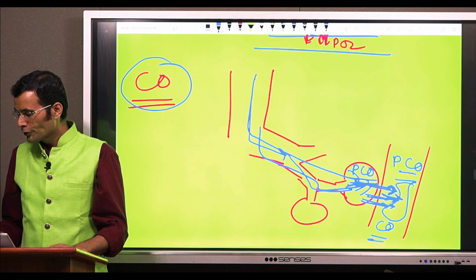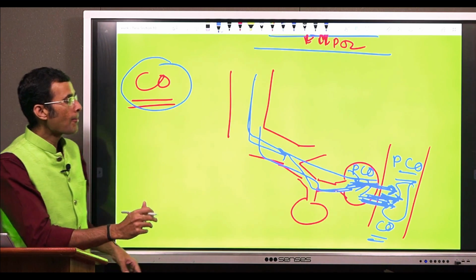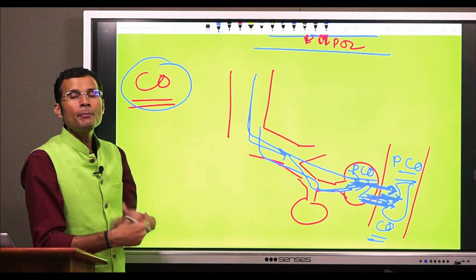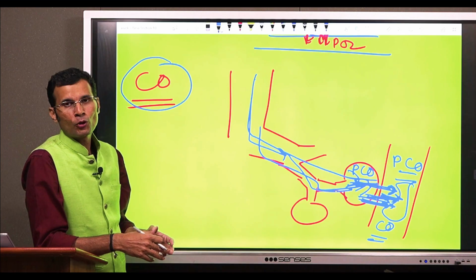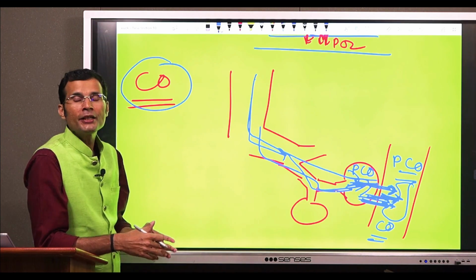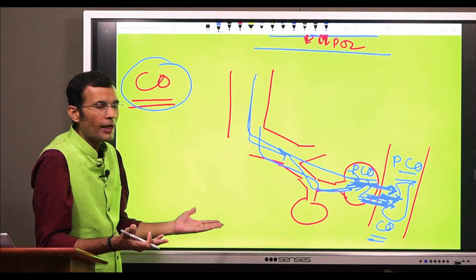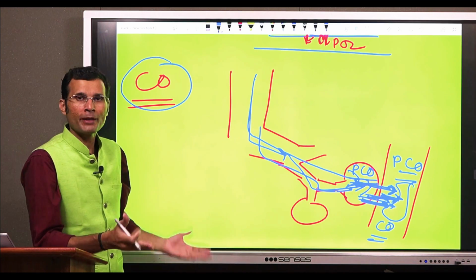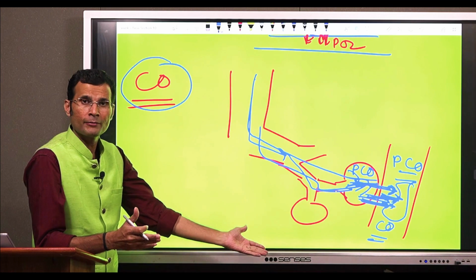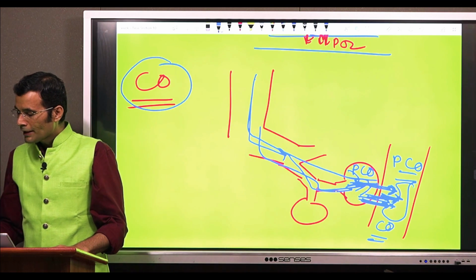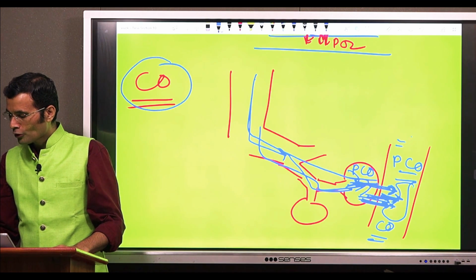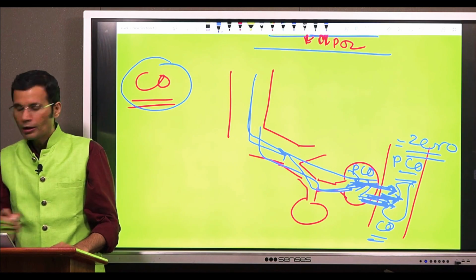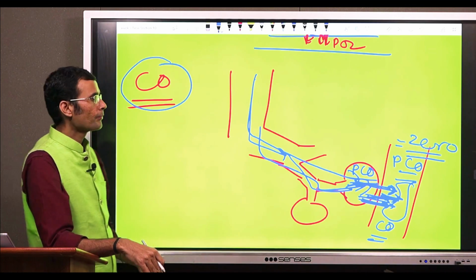It started diffusing into the pulmonary blood and was immediately taken up by the hemoglobin inside the RBC. It does not remain free in the plasma at all, so it will not exert any partial pressure in the blood. That means the partial pressure of carbon monoxide in the blood will remain zero.